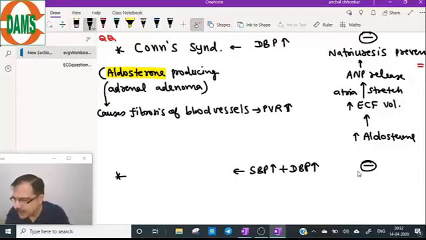How does fibrosis lead to this? It is because of the remodeling effect of aldosterone on the cardiovascular system.